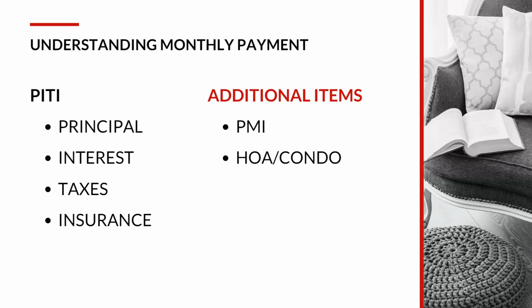I put this in here because you need to know that it is an additional item that will be added to the monthly payment, which goes to your monthly qualifying amount. Also, if you're going to purchase in a homeowners association, or if it's a condo, you could have both. Keep that in mind. All of those items together have to be added to the PITI amount.